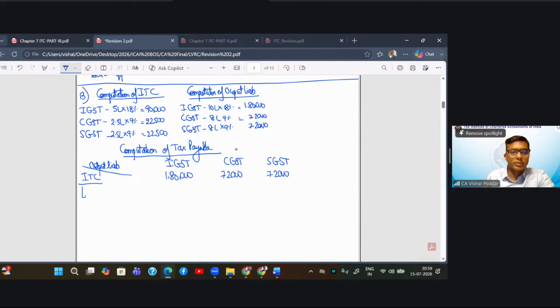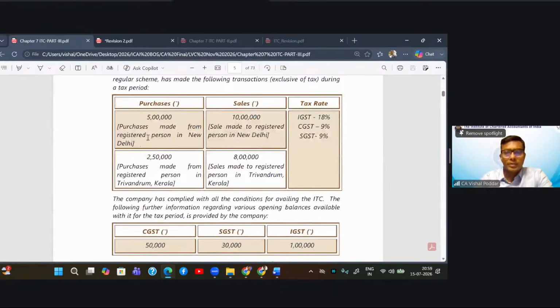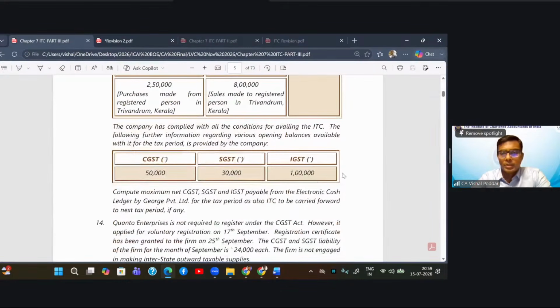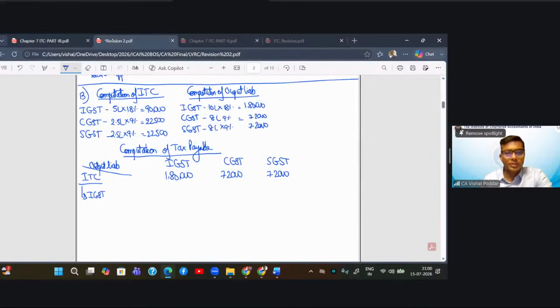Now we come to ITC of IGST. Now we had some opening balance, 1 lakh. Correct? Plus you have the current month, which is 90. So I have a total credit of 190 of IGST.